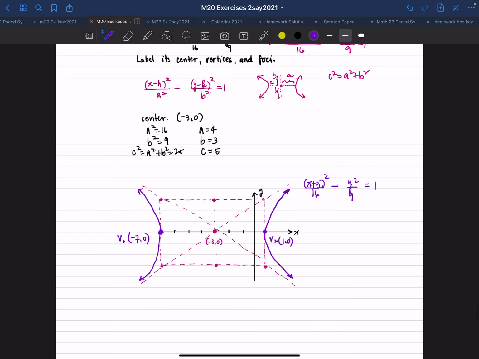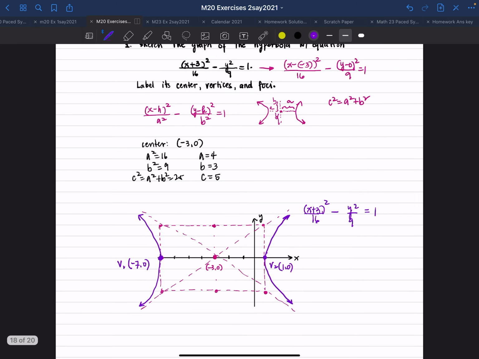So nasa ng focus? So the focus is C units from the center. And collinear yan, ang vertex, center, at focus. So yung focus mo somewhere nandito. Kapag sa hyperbola. Okay. How many units away? We have 5 units. Kailangan ko na naman ata ng space.